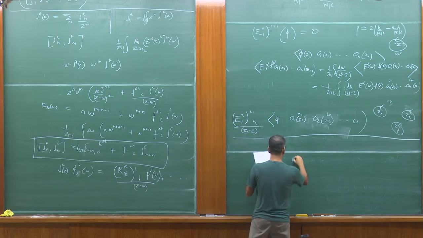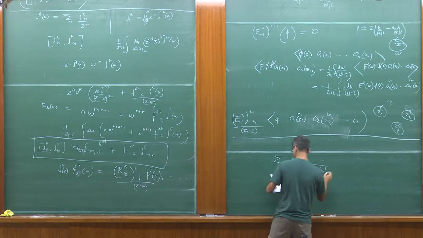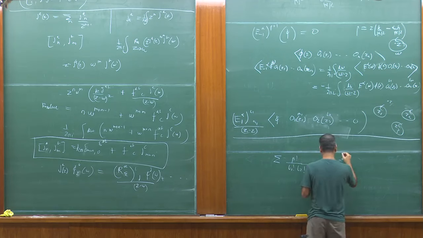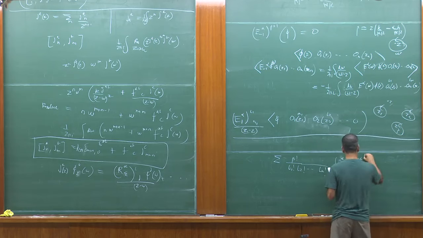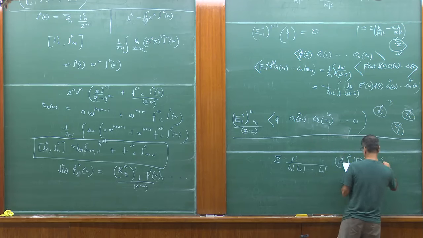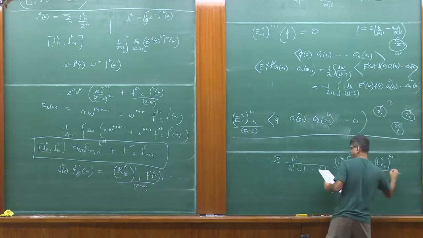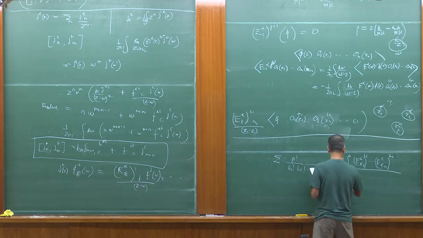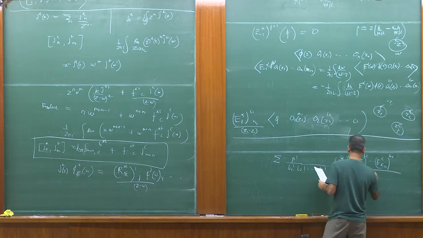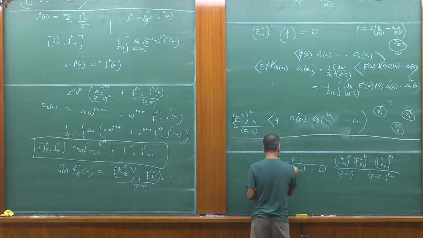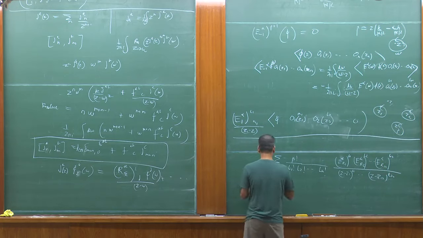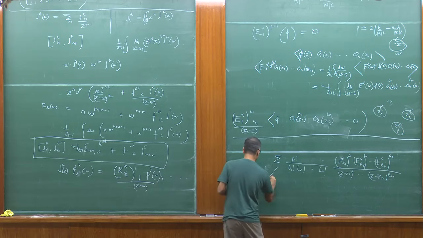Sum of p factorial divided by L1 factorial, L2 factorial, Ln factorial, times E alpha R1 to the power L1, E alpha R2 to the power L2, E alpha Rn to the power Ln, divided by Z minus Z1 to the power L1, Z minus Zn to the power Ln, and the sum is over Li under the constraint that the sum over Li is equal to P.